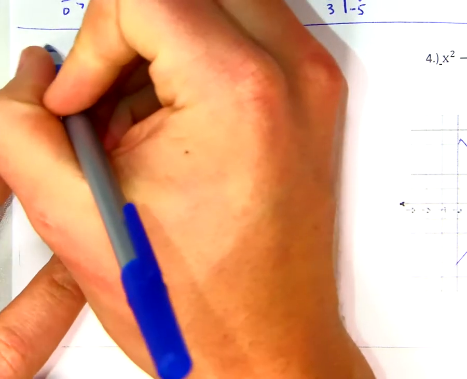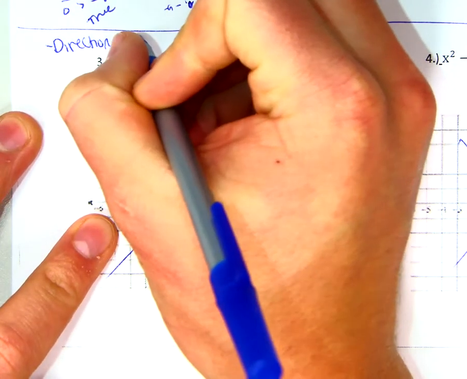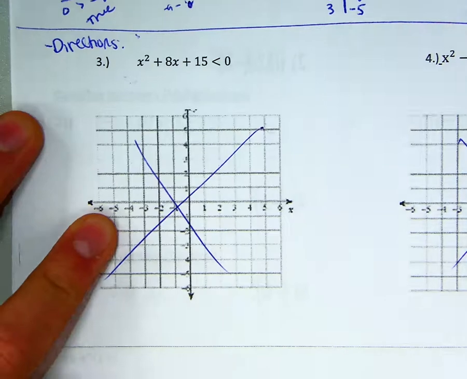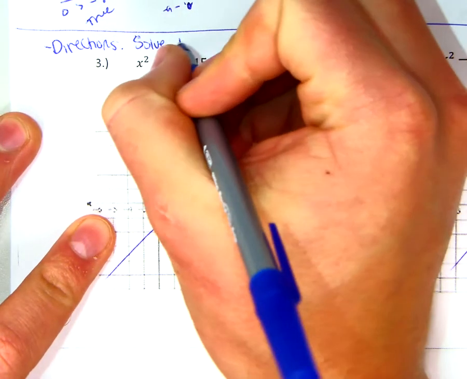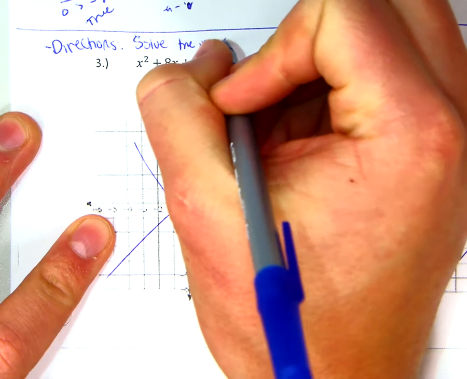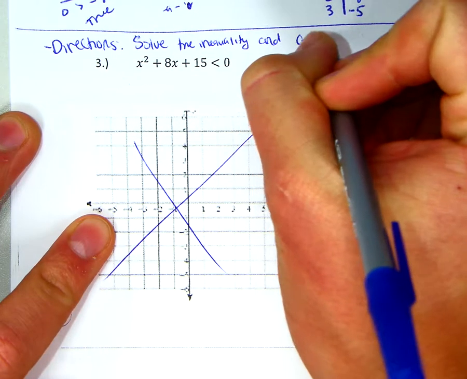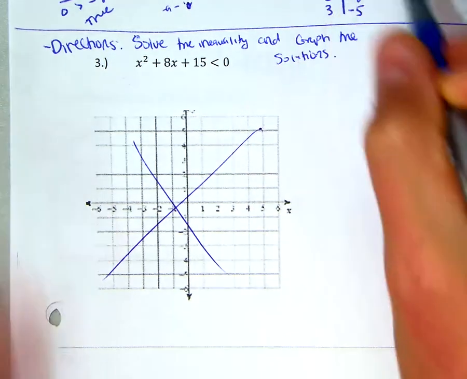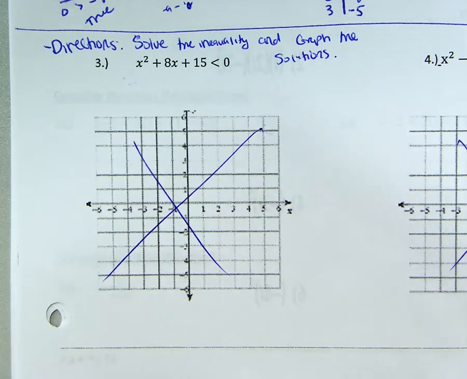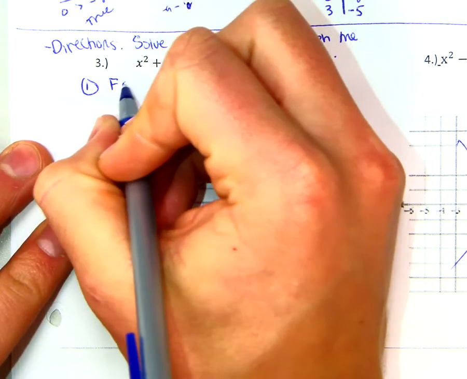So the directions are, let's see here, solve the inequality and graph the solutions. Solving the inequality, there are a lot of ways you can do this. There is factoring.